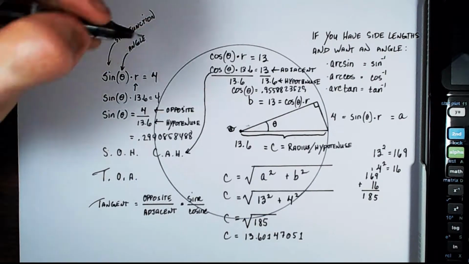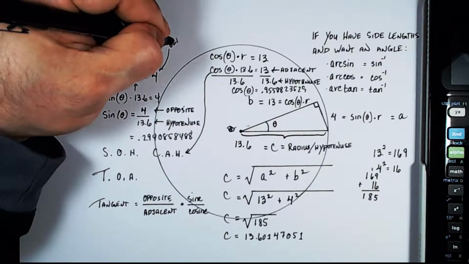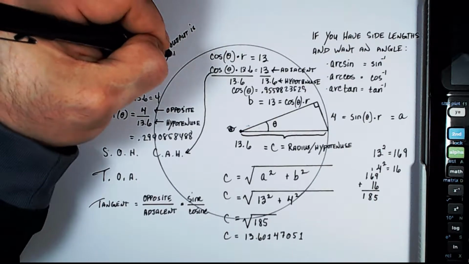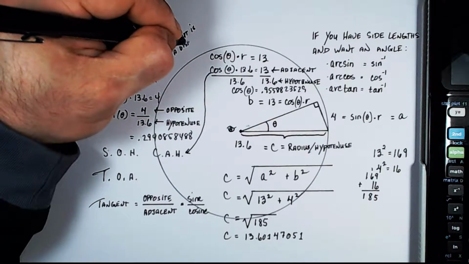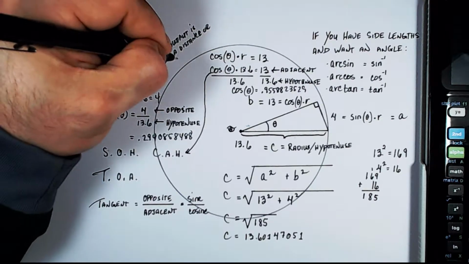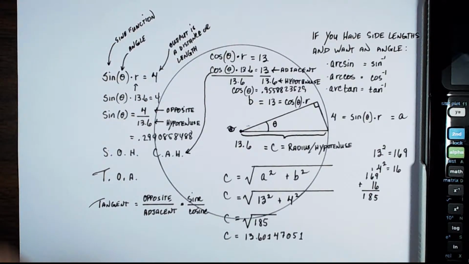The output is a length. It's a distance. All right?